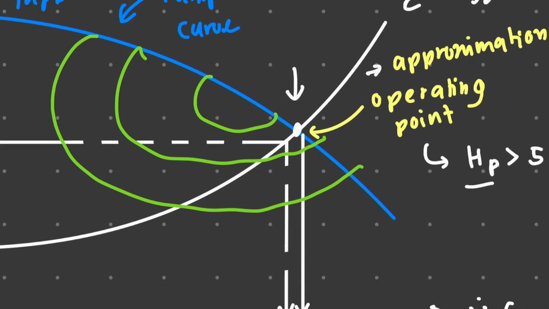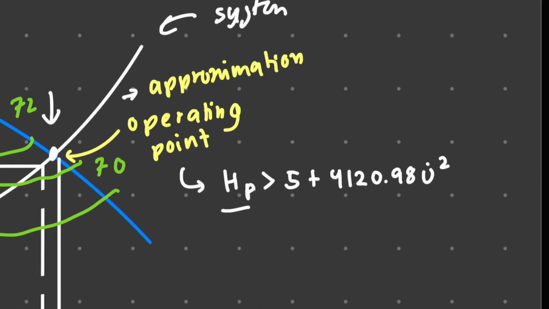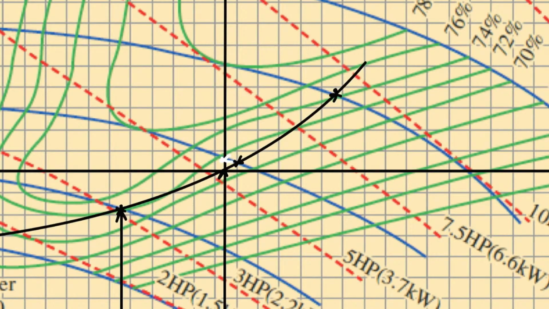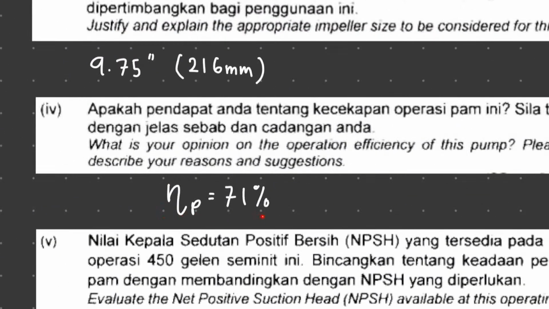You can estimate. For example, you have here 70 and 72. If your operating point is in between, you can assume that the operating point is at 71%. Okay, so that's what I did. Over here clearly don't have any intersections, so you approximate it to be 71%.